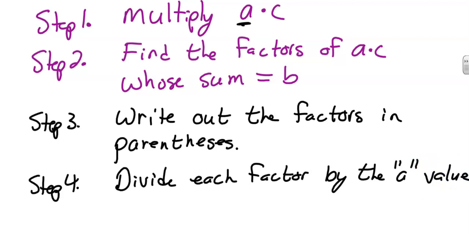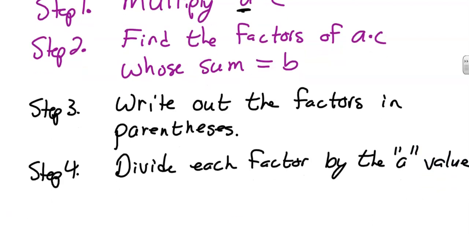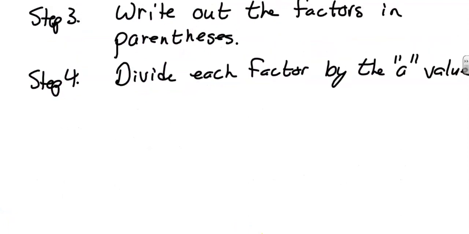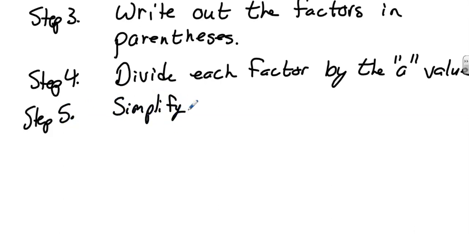Or we'll say we're going to divide each factor by the a value. Okay. And because you're dividing and now you've basically got a fraction, you'll go ahead and simplify whatever numbers you have in the fraction.